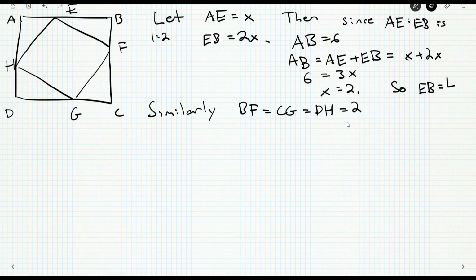EB is twice 2, so it's going to be 4. And FC, GD, HA, all these guys are also equal to 4.